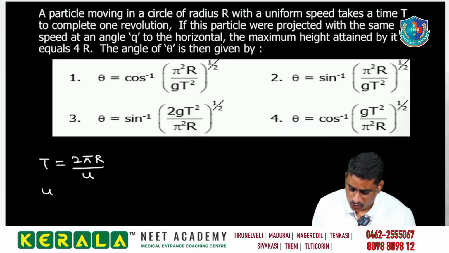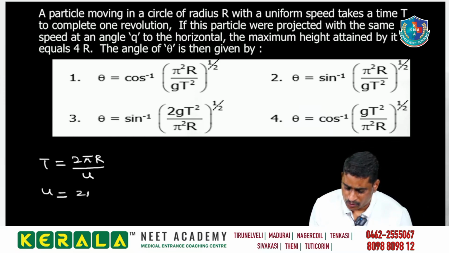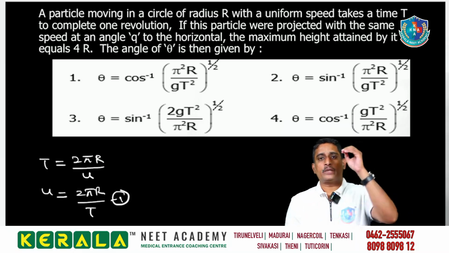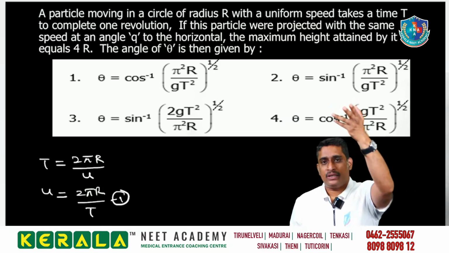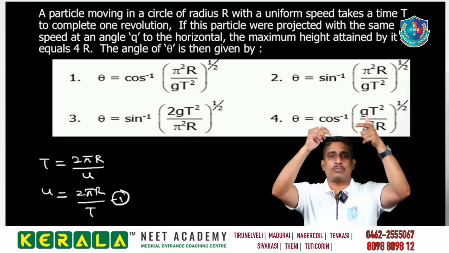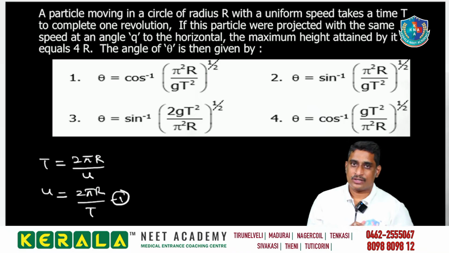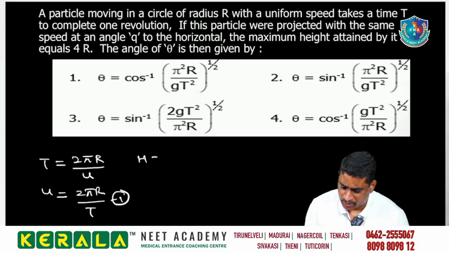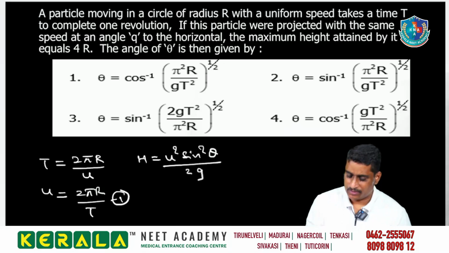From this you can calculate the value of u. u will be equal to 2 pi r by t. With the same speed, if that particle is projected obliquely, how much maximum height that particle will reach is what they are asking us to find out. In case of an oblique projection from the ground, the maximum height attained by the body will be given by u square sin square theta by 2g.